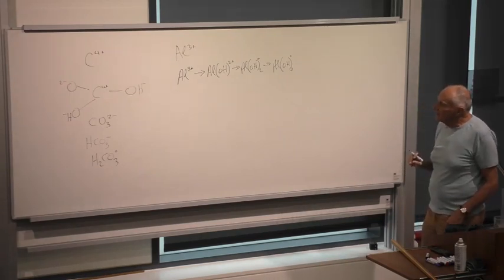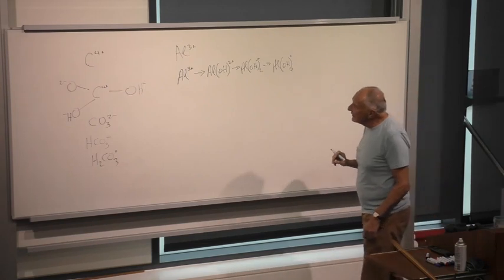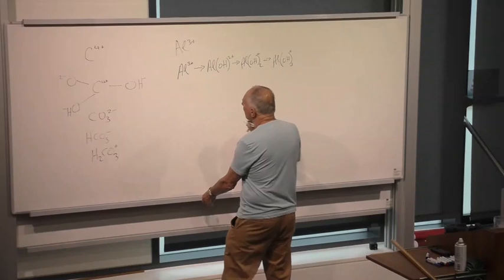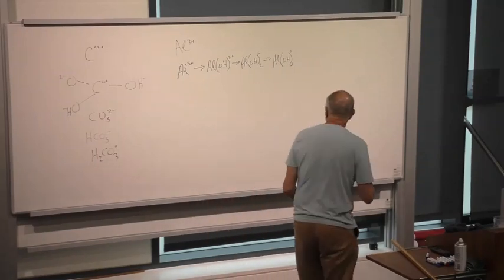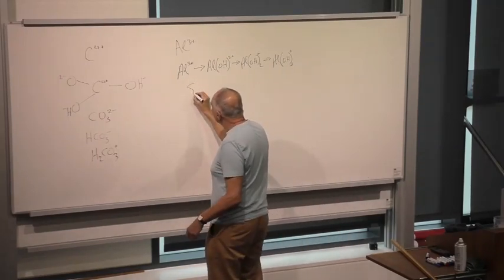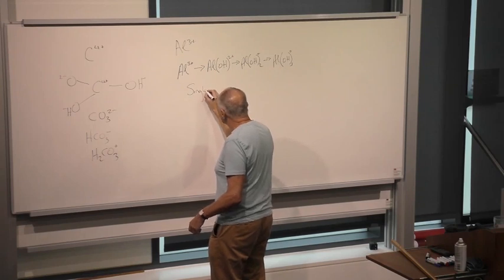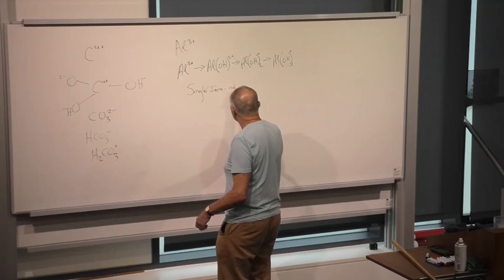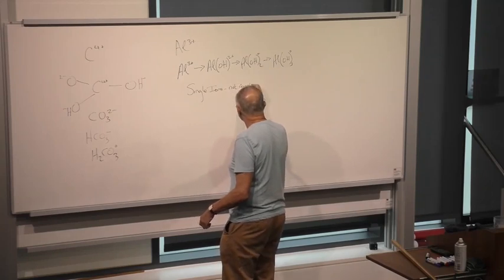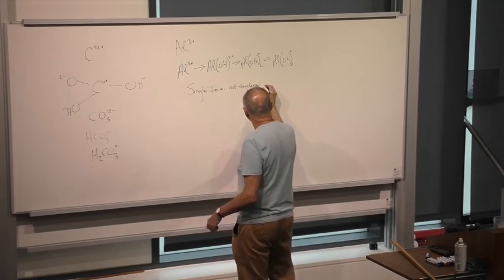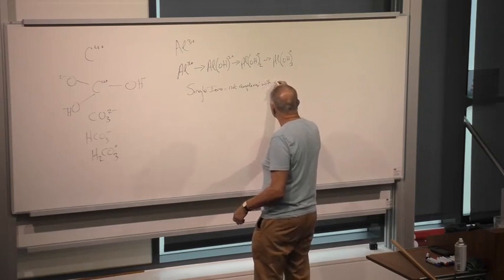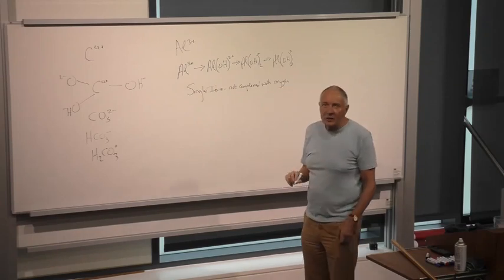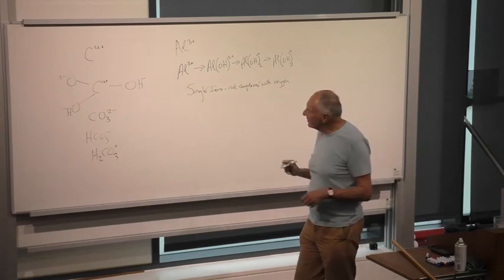Okay, so coming back to ions which tend to be single in solution, single ions, like sodium and chloride that I already talked about. That is not complex with oxygen. These are the ions which are large and have low charge.